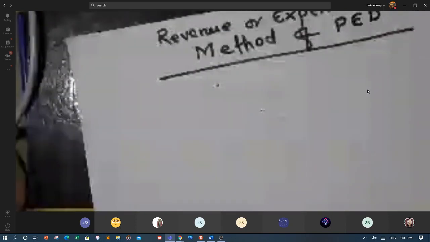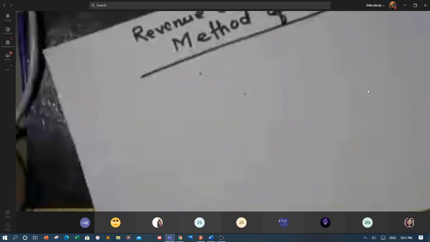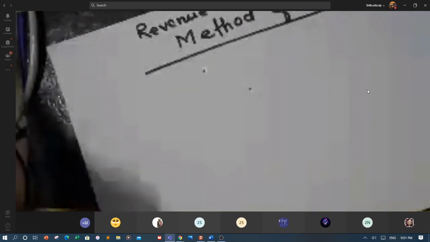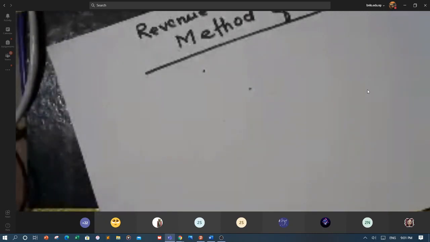With the decrease in price, if your total revenue or the expenditure increases, what type of good is it? What type of elasticity does the good have?